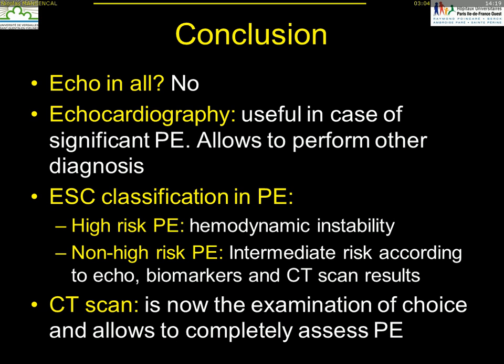We have a recent ESC classification in pulmonary embolism with two groups of patients, high-risk PE, presenting shock or hypotension, and non-high-risk PE. And we have a subgroup of patients with an intermediate risk, defined according to echo, biomarkers, and CT scan results. And CT is now the examination of choice and allows to completely assess pulmonary embolism.